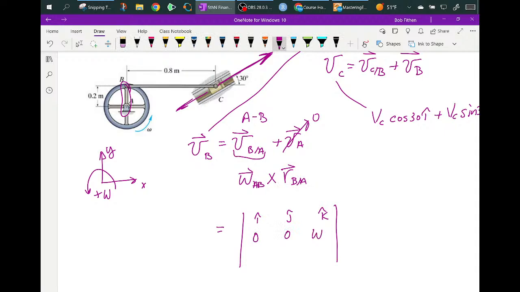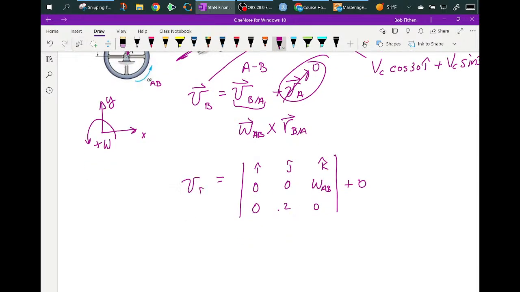I'm just going to say AB. Then the R, believe it or not, is just nothing to the right. The vector goes straight up, 0.2 and 0, plus nothing because point A is pinned to the ground.